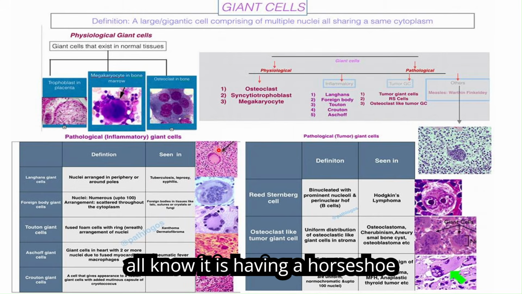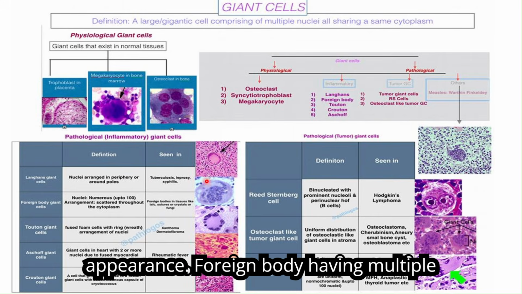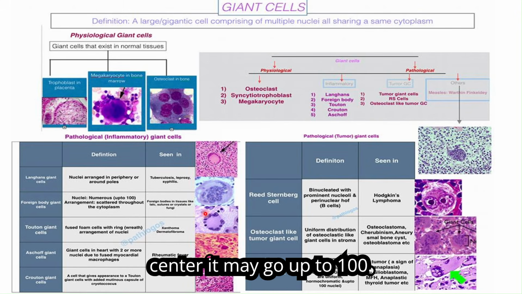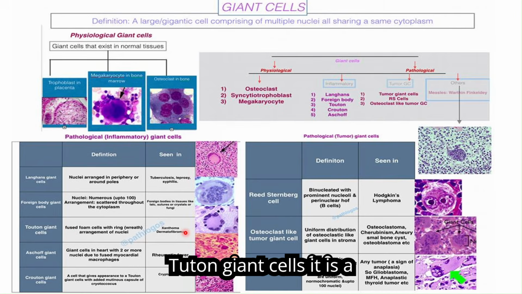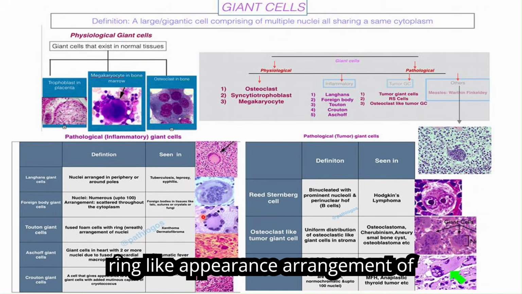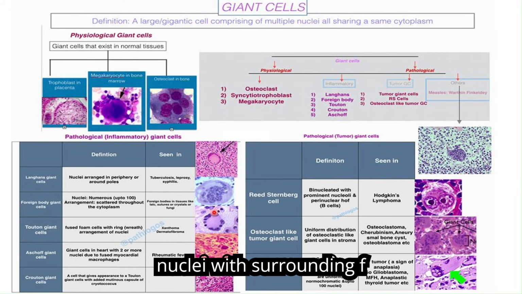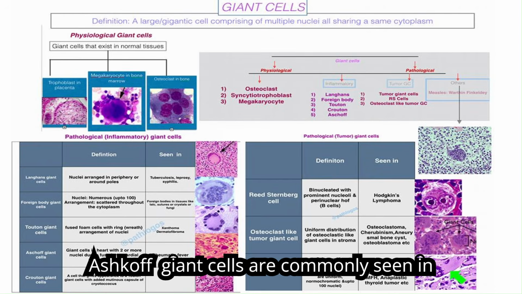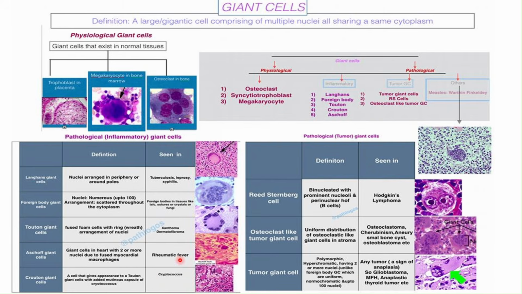Here, Langhans, you all know, has a horseshoe appearance. Foreign body giant cells have multiple nuclei in the center; it may go up to 100. Touton giant cells have a ring-like arrangement of nuclei with surrounding foamy cytoplasm. Aschoff giant cells are commonly seen in rheumatic fever, surrounded by caterpillar cells.